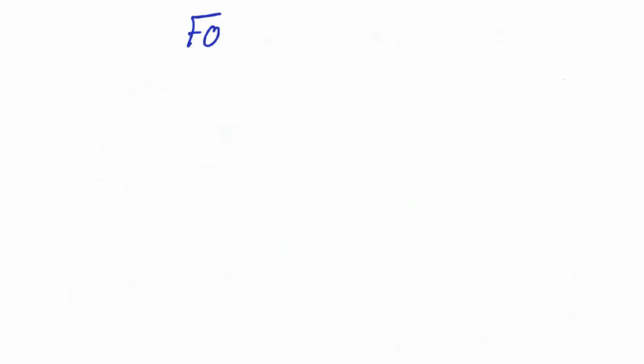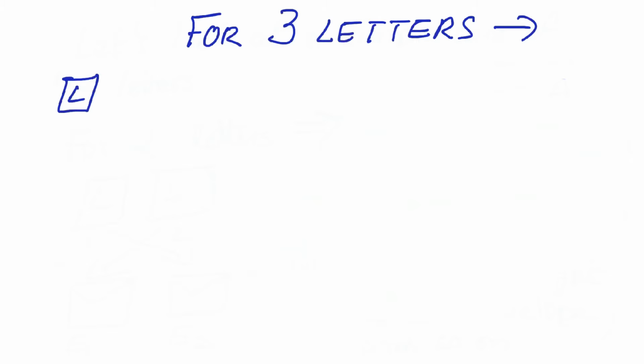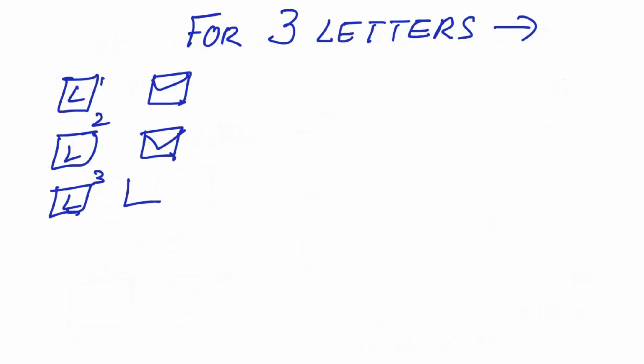Now, what about 3 letters or 3 objects? Let's look at how the derangement works. We have the letters L1, L2, L3 and the 3 envelopes, and let's look at the combinations in which the derangement can be done.